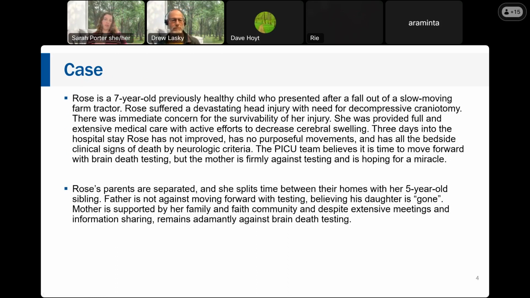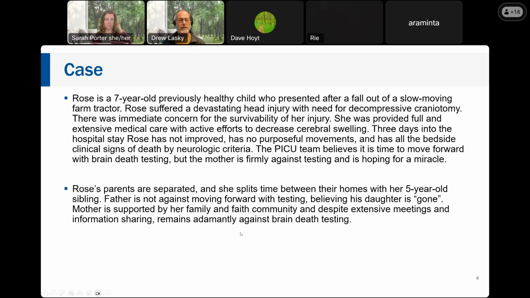But our goals are to give you some information around parental authority, define it for you, compare it to competence as it shows up in the adult populations, and then see how we can apply it to what can certainly be the controversial topic of testing and determination of death by neurologic criteria.